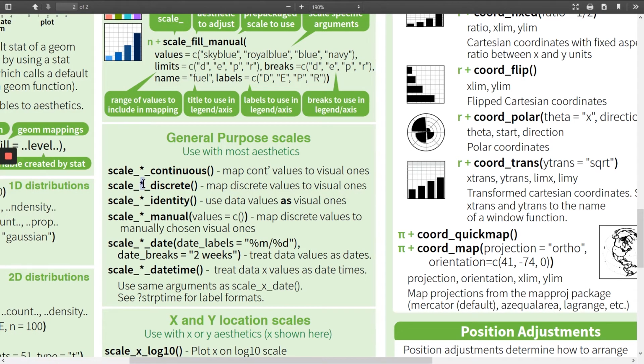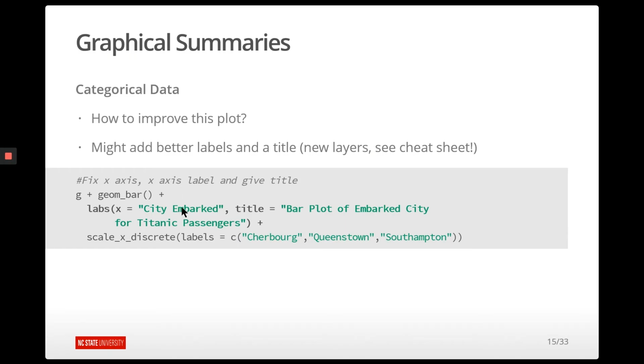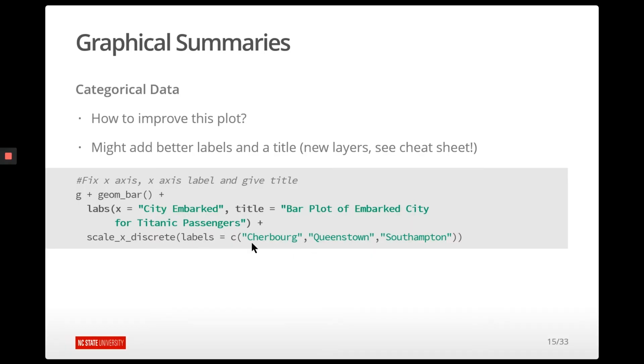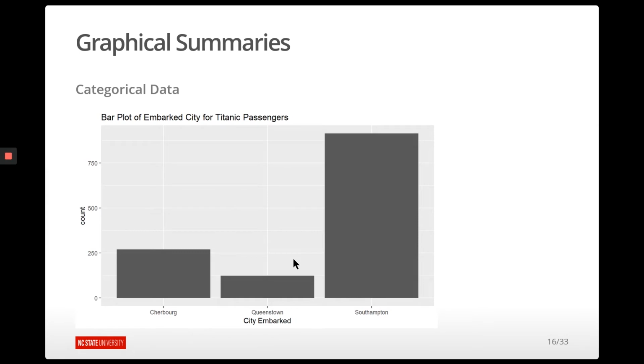I said that wrong. So this star represents which one of our aesthetics we want to access. So we're saying scale, and then the aesthetic we want to change is the X scale. And so we're going to do scale X discrete and then give it the appropriate labels. So we know we have 3 categories for that, so we're just going to name them appropriately. Cool. So now we have a much better looking graph.